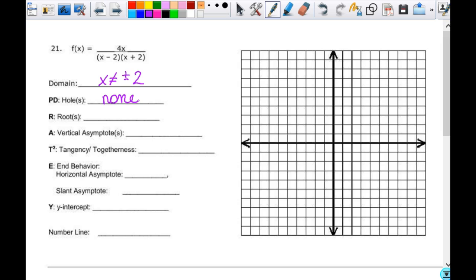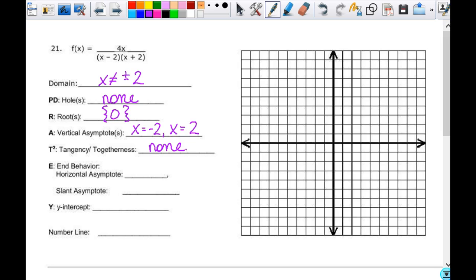My roots, the only one I have is 0 here in the denominator. Vertical asymptotes, I have one at x equals negative 2 and x equals positive 2. Tangency and togetherness, well, I don't have a factor that's squared in the numerator or denominator, so there is none there.